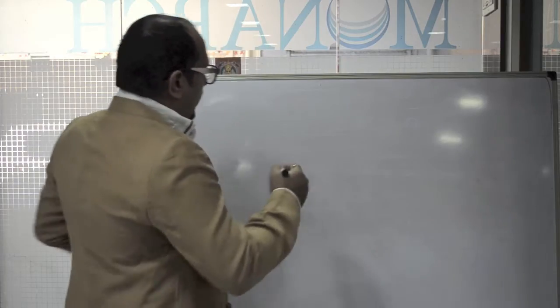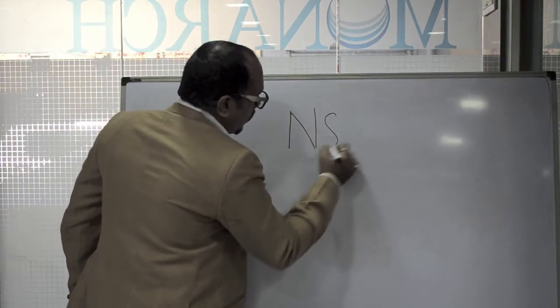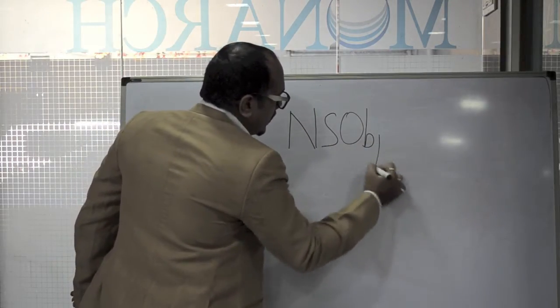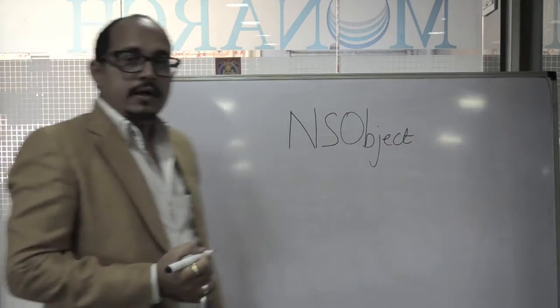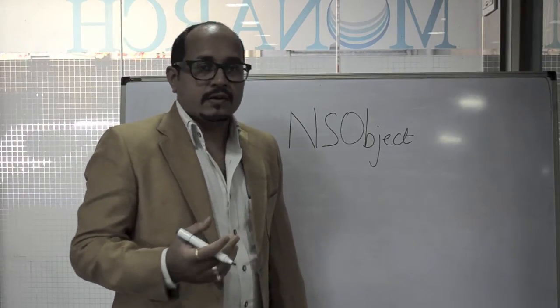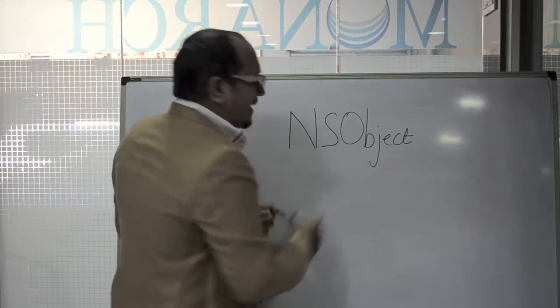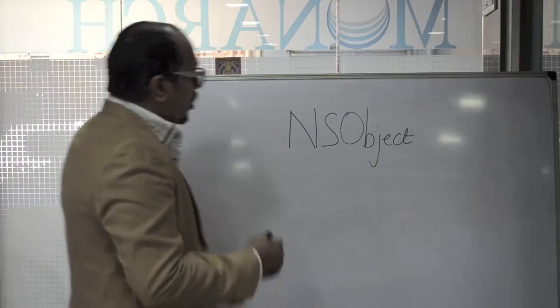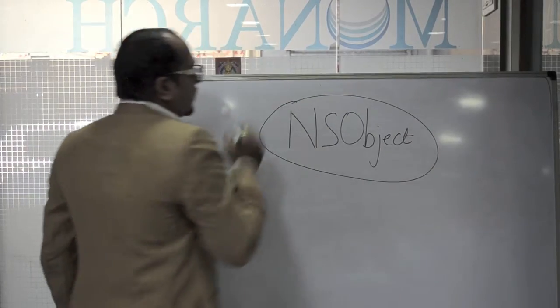A class is called an Objective-C class only if it inherits from a class called NSObject. You might have a class, say Student, inheriting from Human, but Human should inherit from NSObject in order to say it's an Objective-C class. So the root class for any Objective-C class is NSObject.